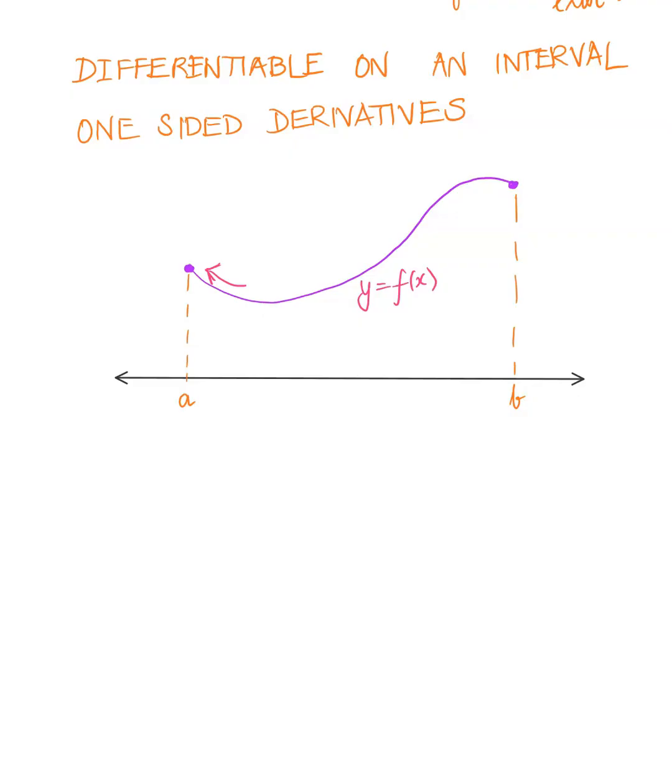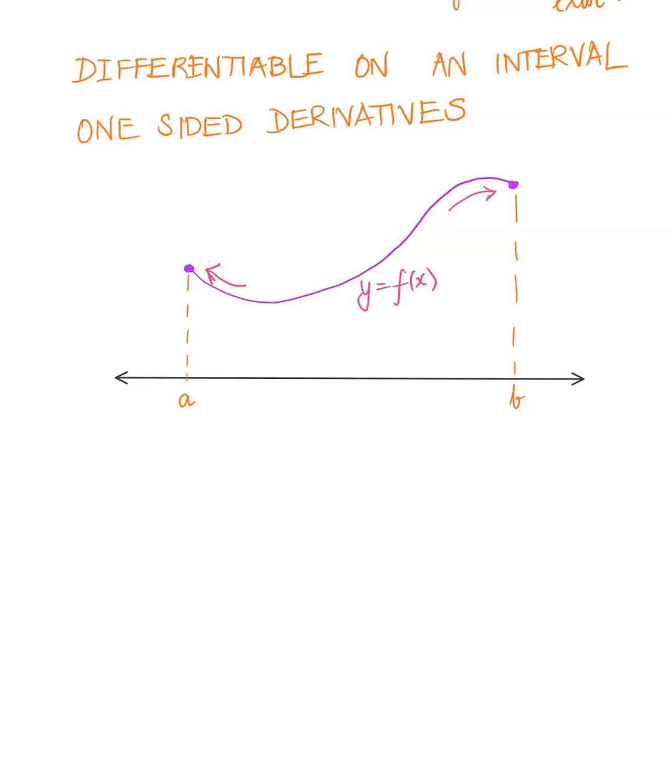Likewise, if you approach the point B from the left, then we have a left-handed derivative that exists, but we don't have a right-handed derivative here, meaning we don't have a limit that exists from both sides.